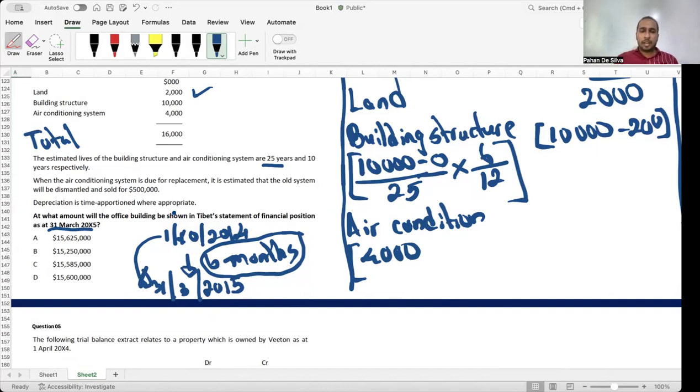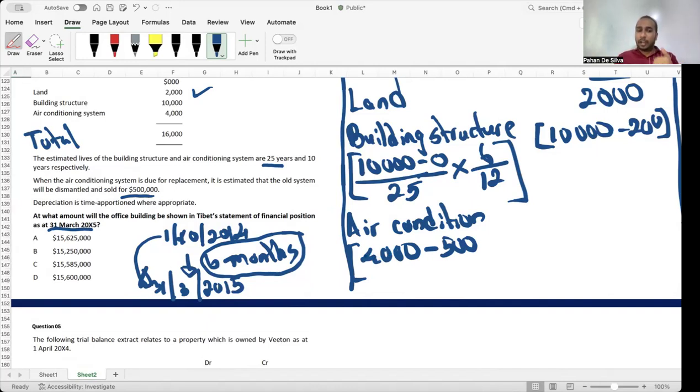We can sell this old air conditioning system for a value of 500,000. So in thousand terms, it is 500. It can be considered the residual amount of this air conditioning. I have clearly explained the concept of residual amount with illustrations in our theoretical session, and you should have that knowledge as well.